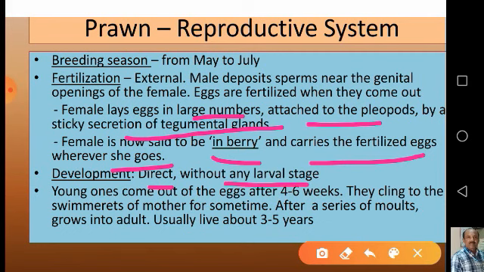Young ones come out of the eggs after 4 to 6 weeks. They cling to the swimmerets of the mother for some time. Then after a series of molts, they grow into adults. Usually the prawn lives about 3 to 5 years.